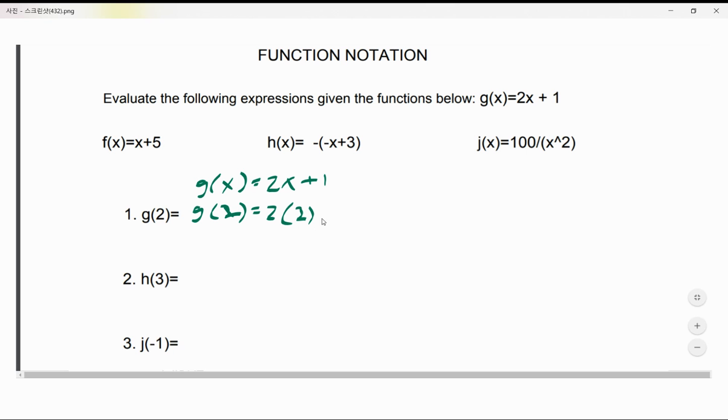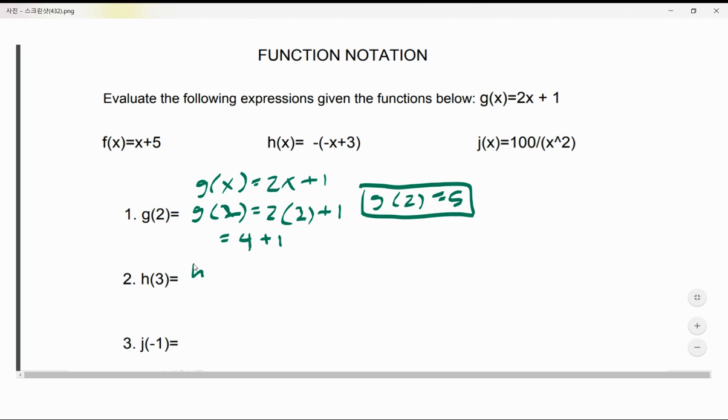So 2 instead of the x, and then plus 1, right? 2 times 2 is 4 plus 1. So g(2) is 5. So you're just trying to replace x with the number they give you, okay? Pretty simple.